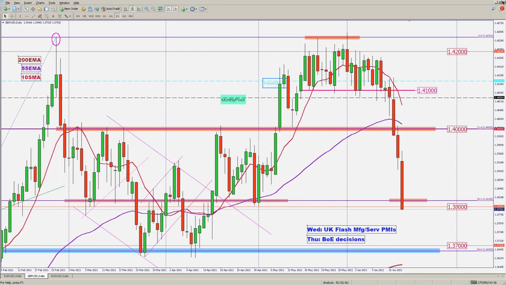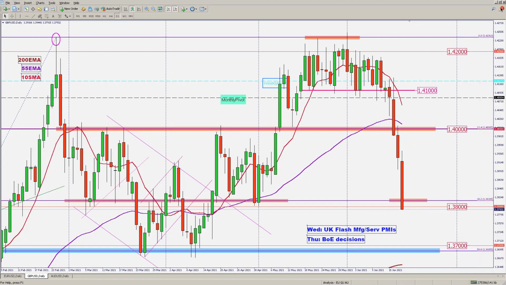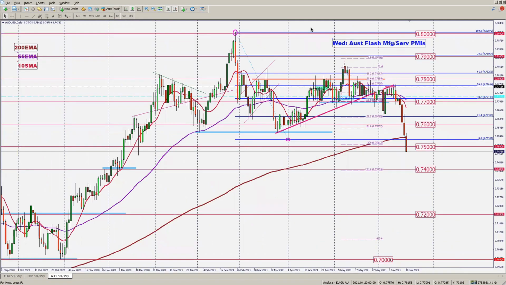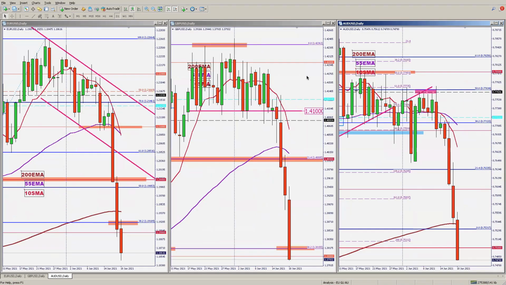Okay, so let's move on to the Aussie dollar. And the Aussie dollar has fallen about 250 pips. And previously, a few weeks ago, we've already identified the head and shoulders for all the pairs, actually, for the euro as well as the Aussie dollar.